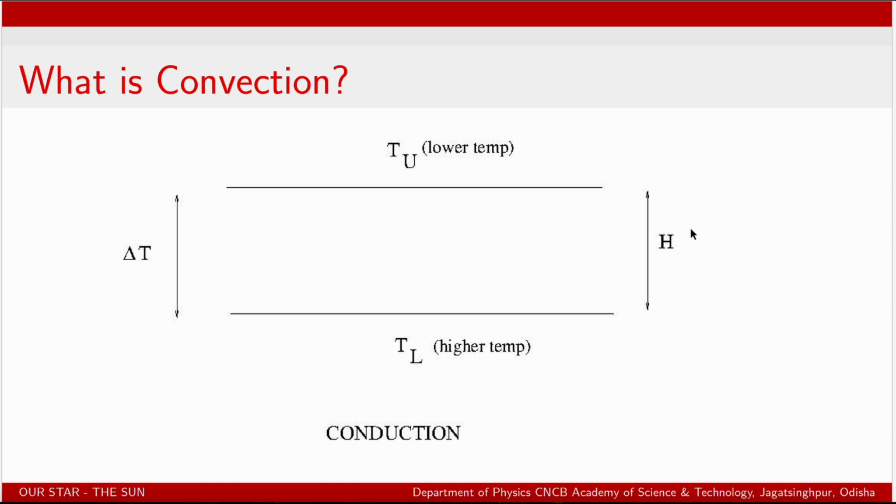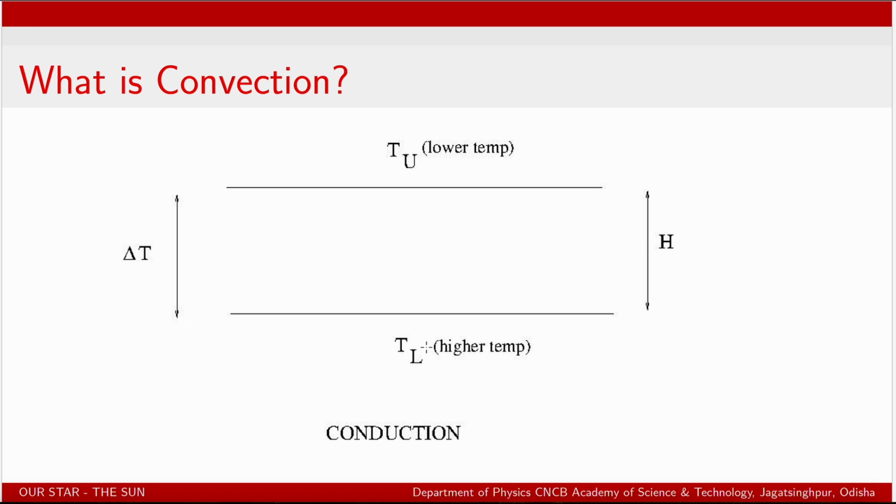In the next slide, we are now in a different zone. Core covered, then radiative zone covered. Now we are in the convection zone. Before we understand the convection zone, what is convection, and before that, what is conduction? You have two plates here.